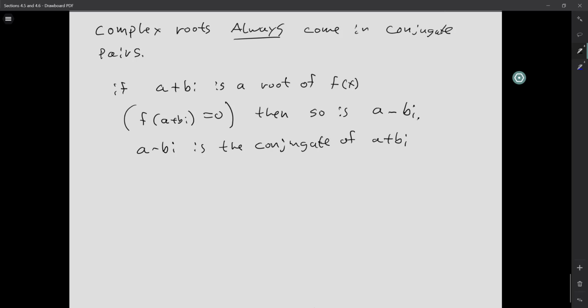Now, part of the result of this is, I've said this before, that an equivalent statement for the fundamental theorem of algebra is that every polynomial with real coefficients can be factored into linear and irreducible quadratic factors. It's because we're just one step away from having the complex version that says a polynomial has as many roots as its degree.